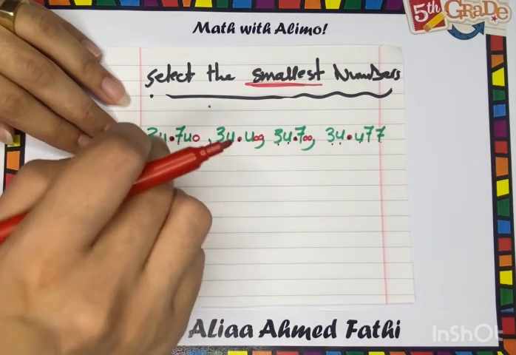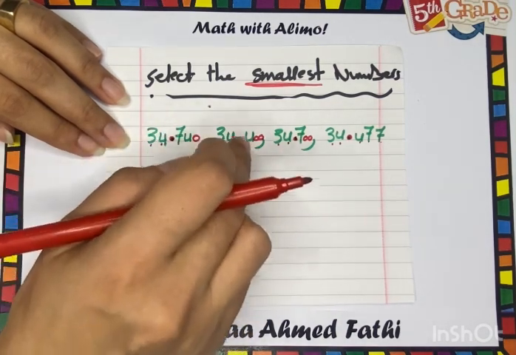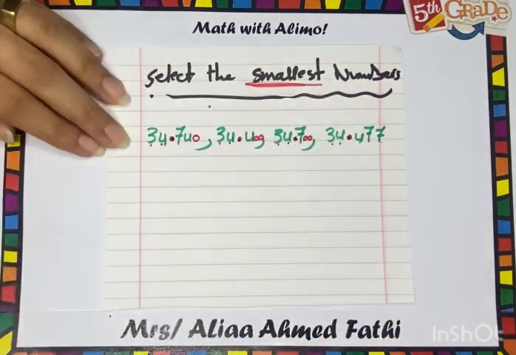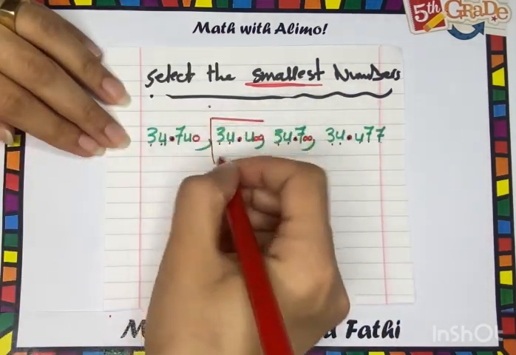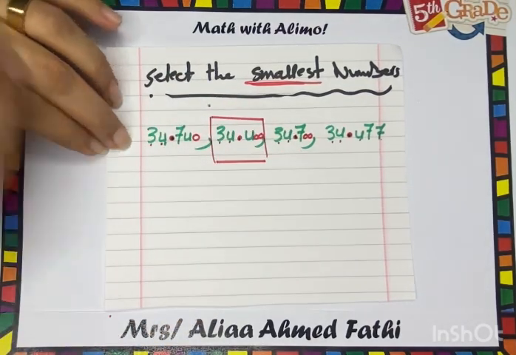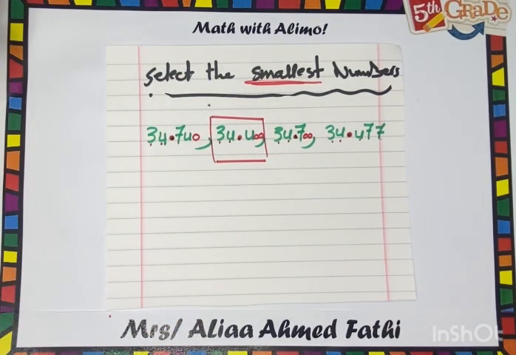Let's check. 740 or 400 or 700 or 477. Of course, the 400. So the smallest one is 34 and 4/10 or 34.400. We can read it both ways, both are right. 4/10 equal to 400/1000. Okay, is it easy?